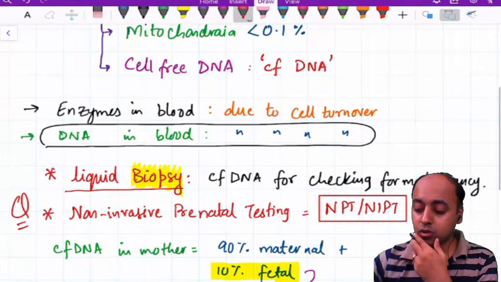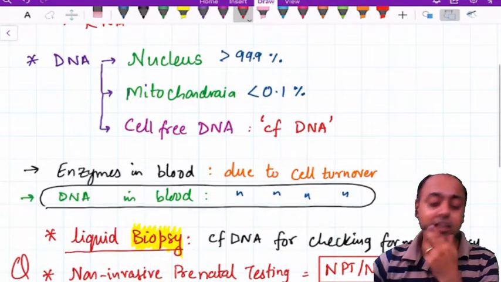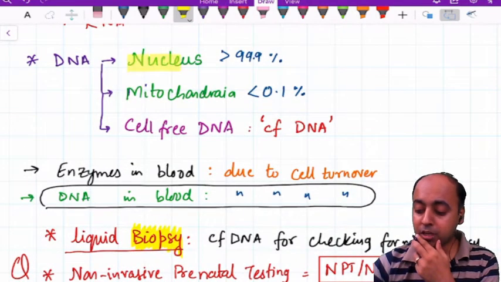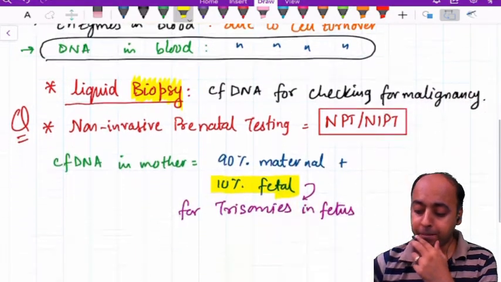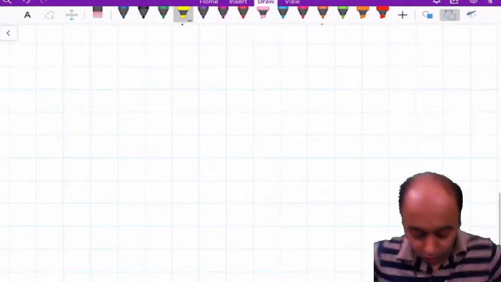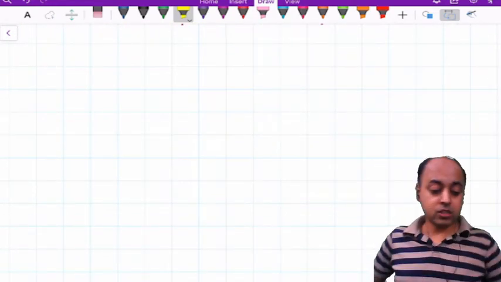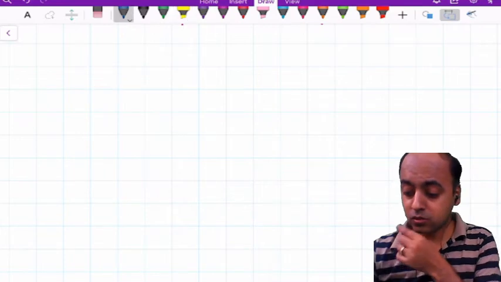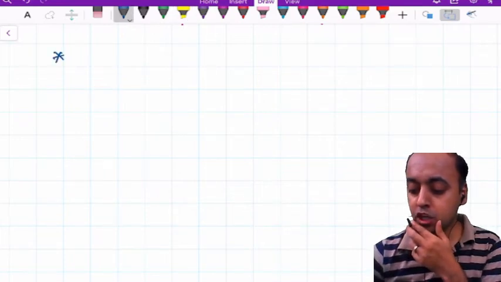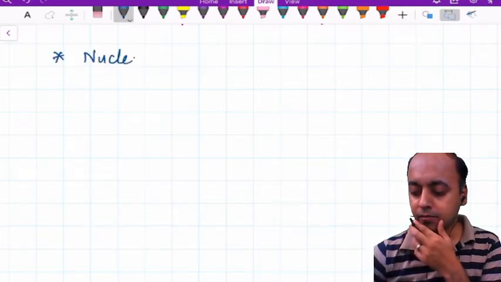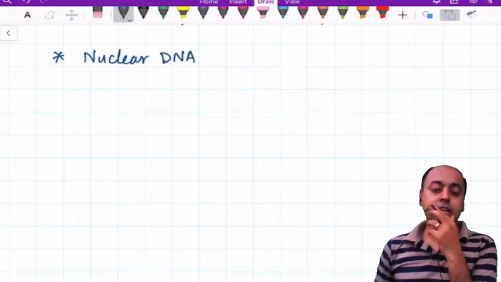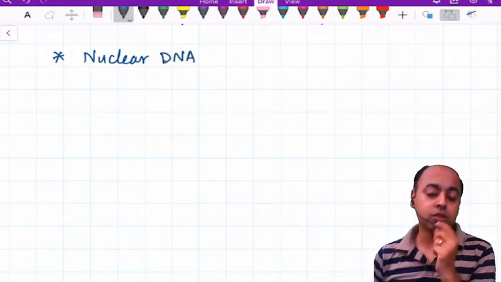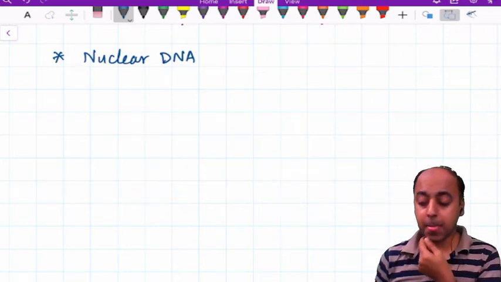Okay, so let's go back to the nuclear and the mitochondrial DNA, which are the primary points of discussion in our discussion of the nucleic acid. First let's talk about the nuclear DNA, the DNA present in the nucleus in humans.